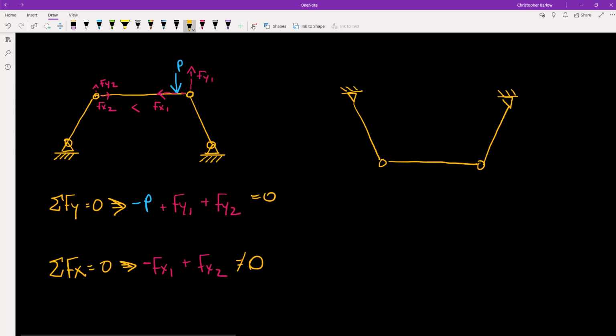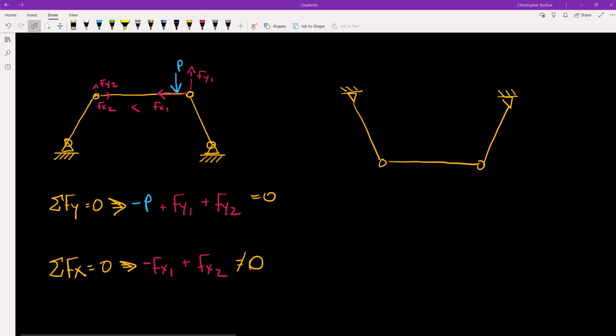And so our structure, therefore, is not in equilibrium. In other words, it is moving. So now let's ask ourselves, how would this structure need to move in order to become stable, to reach static equilibrium? Well, there are two options.